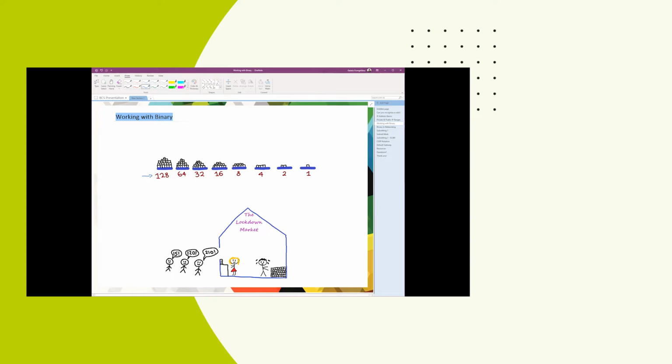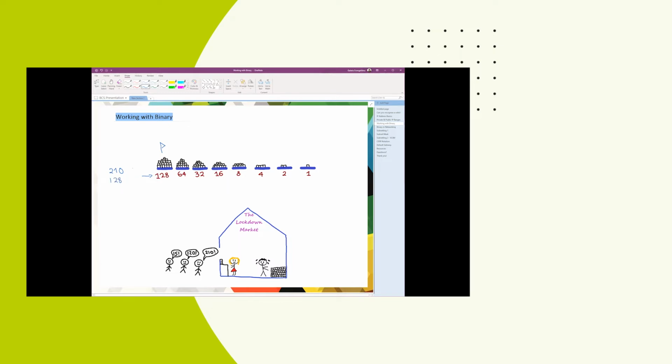So this first customer, who needs 210 boxes, they give him some flags to put on the palettes. So the order is for 210 boxes. Apparently he needs to put a flag on this palette because he needs 128 boxes.